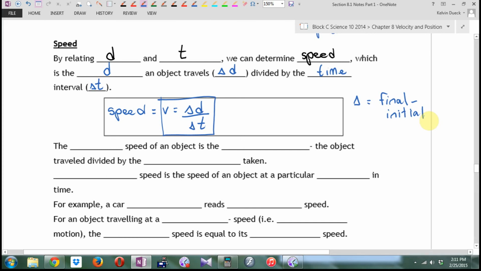I'm going to get a little bit fussy here. The average speed of an object is the total distance, total d, the object traveled, divided by the total t.